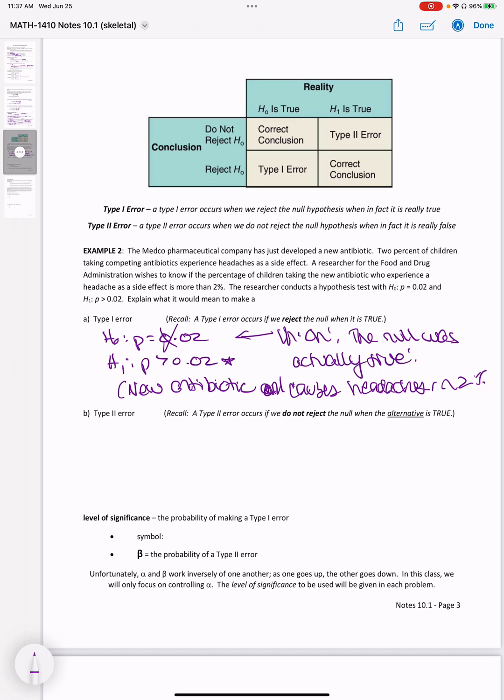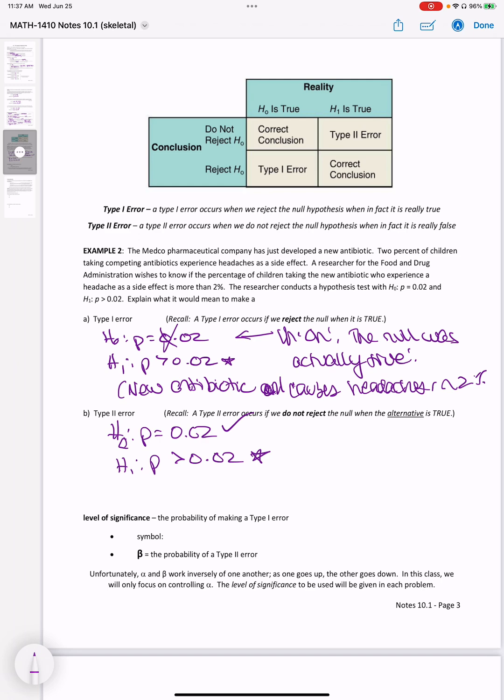The type 2 error is the opposite. The type 2 error, you have your null, you have your alternative, and this is saying we don't reject the null, we accept it, but the alternative was true.